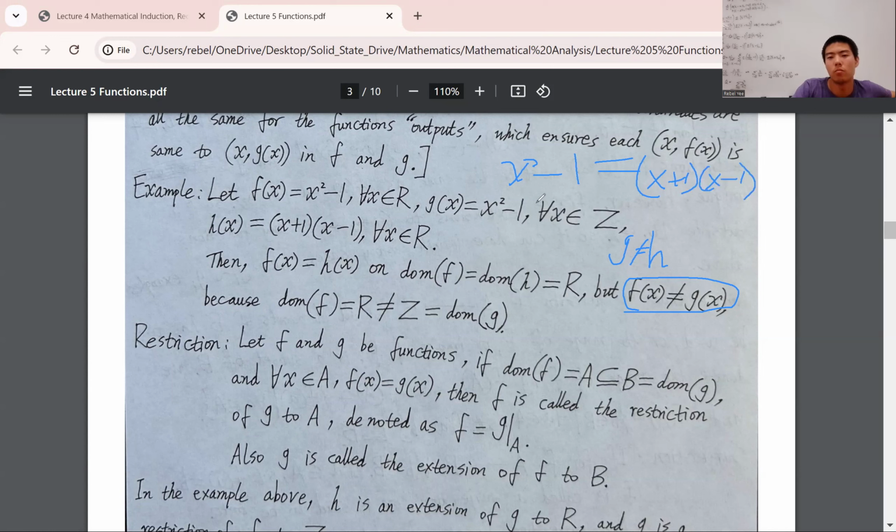So they are actually the same, because the values passed into f(x) and h(x) map to the same value, x squared minus 1. That indicates function f is equal to function h.